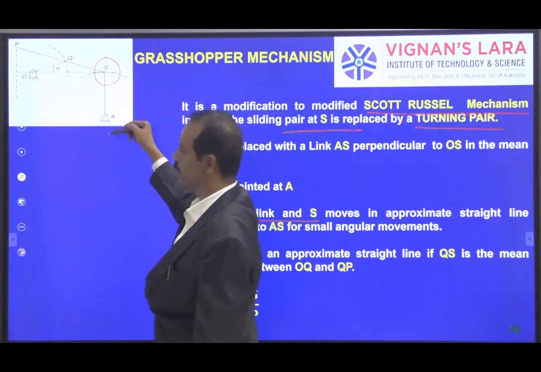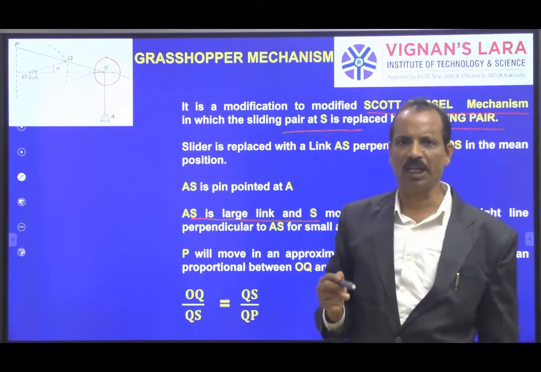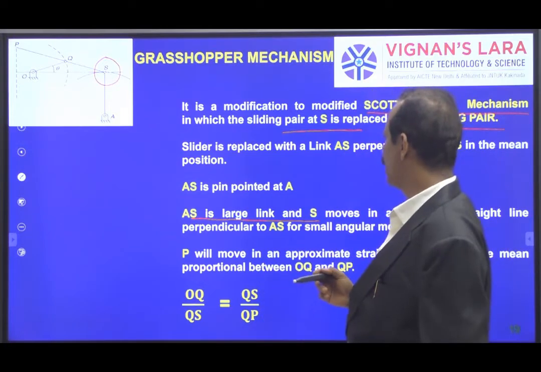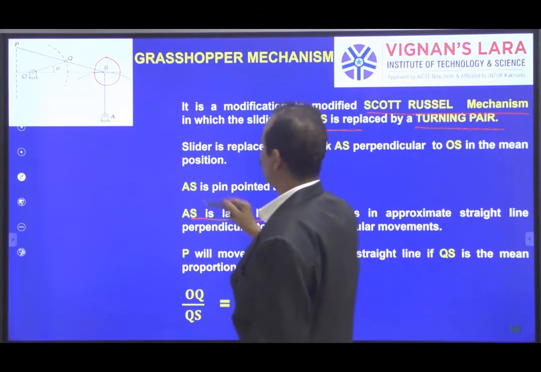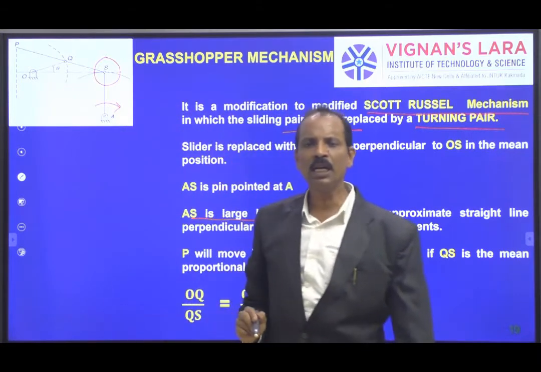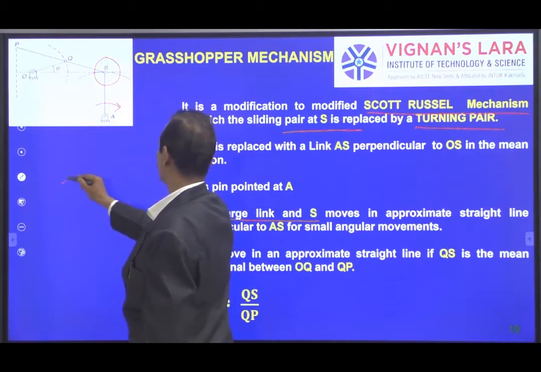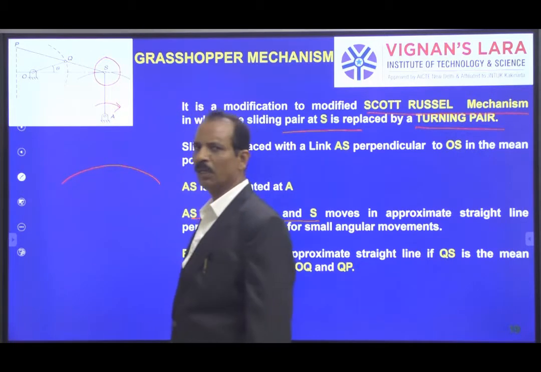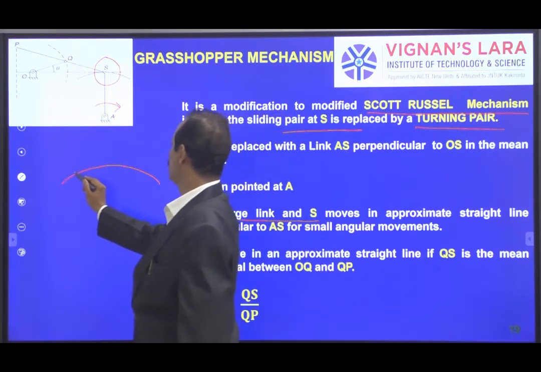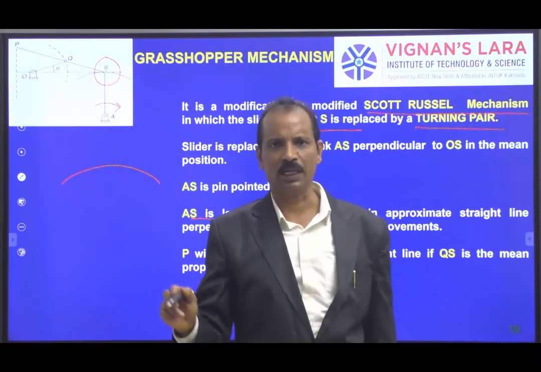AS, this is the AS which I have stated just now. Consider it a very large link. When it is a large link and oscillates, even though the output motion is a curved path, this curve can be treated simply as a circle with a huge radius, flat in nature.